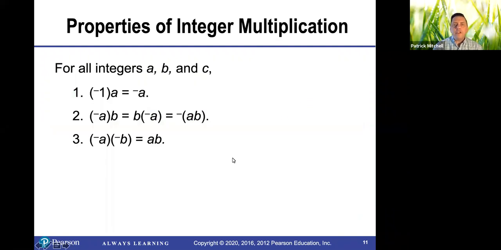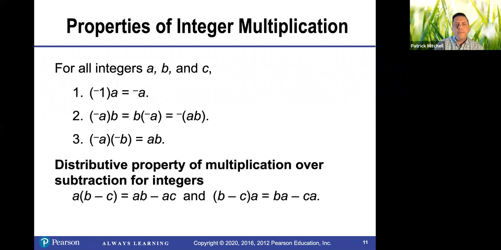For all integers A, B, and C, -1 times A is the opposite of A. Opposite of A times B is equal to B times opposite A, which is the opposite of A times B. And the opposite of A times the opposite of B is equal to A times B. Distributive property also holds for multiplication over subtraction.